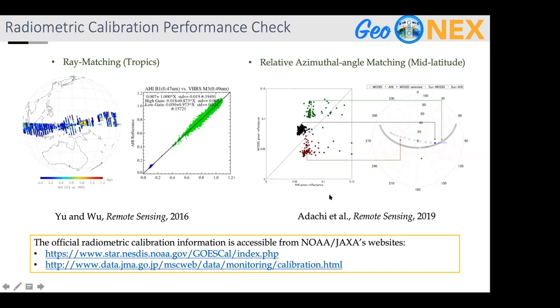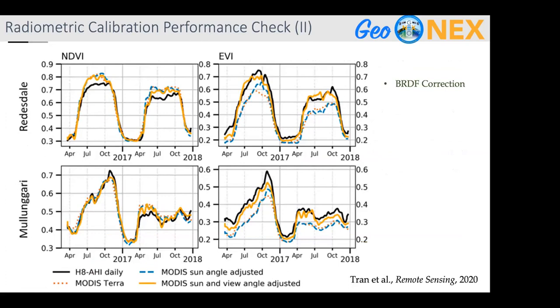Another algorithm, developed by Japanese scientists, is called relative azimuthal angle matching. Because we cannot match the view zenith angle, we try to at least match the azimuth angle. That's another way you can do it. The third way is to use models.